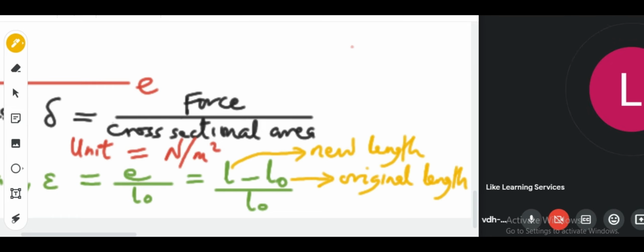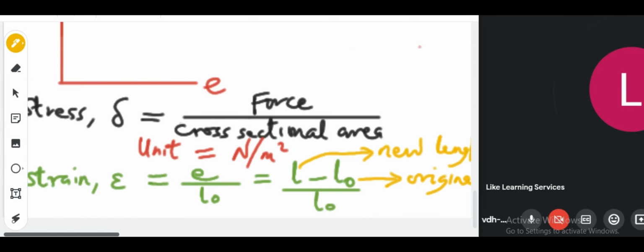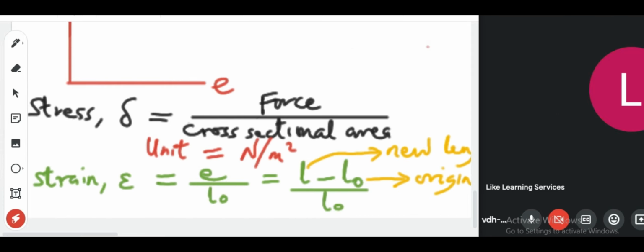So looking at this, strain is about length over length, which means we have no unit because the units cancel out.